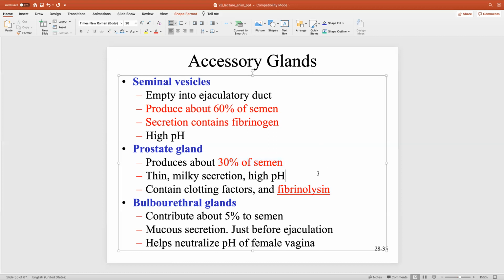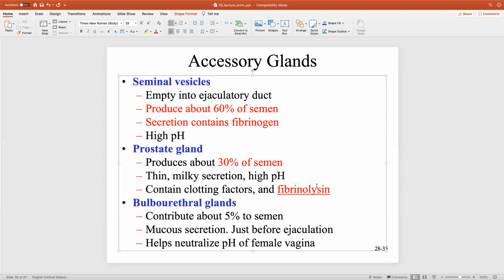So not only do we have a clotting factor that allows us to concentrate all the sperm cells at the opening of the cervix, we also have a lytic factor that destroys the clots. Once we have concentrated all the sperm cells there, we lyse the clotting factors, and it allows the sperm cells to migrate up in large concentrations into the uterus and then up the fallopian tubes. Again, everything here is to increase the probability of reproduction.